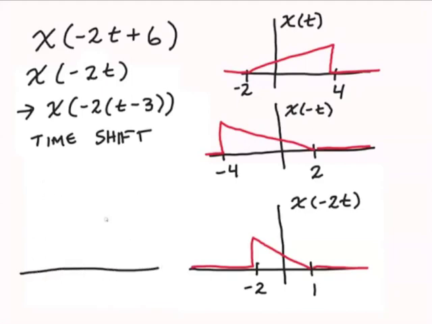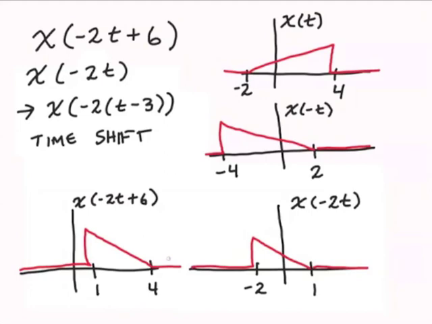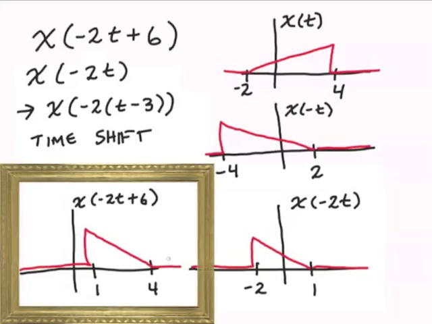That will take x of minus 2t and produce x of minus 2t plus 6. Graphing at the bottom of the page on the left, we'll take our x of minus 2t signal and shift it over by 3 seconds. Now the signal extends between 1 and 4 seconds. And this now is our final answer. We found x of minus 2t plus 6.